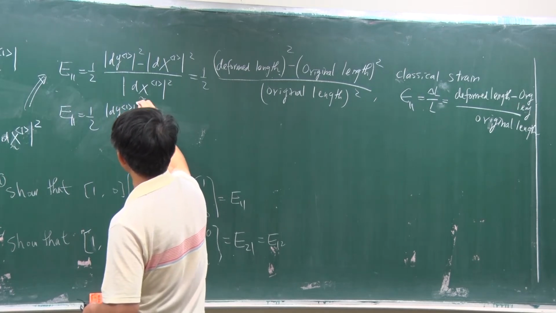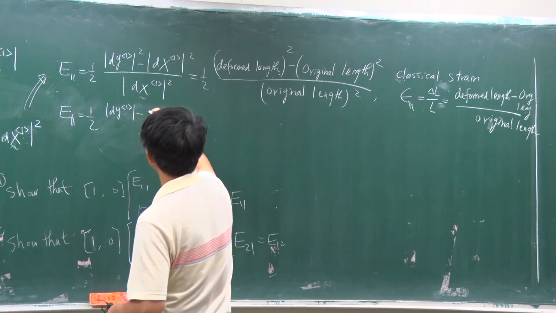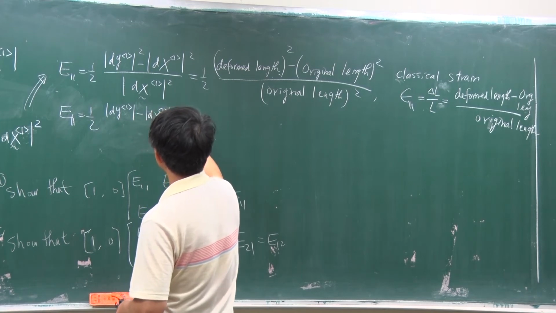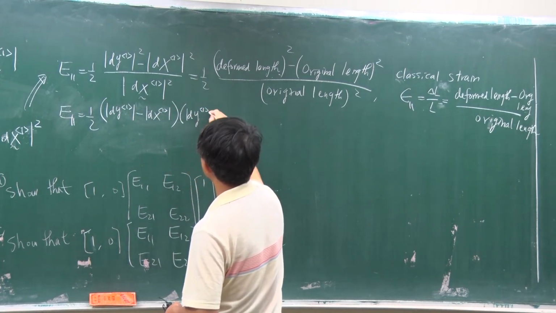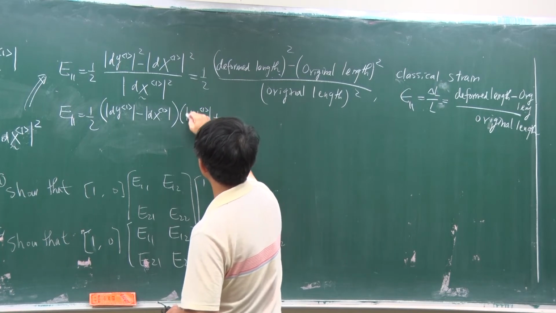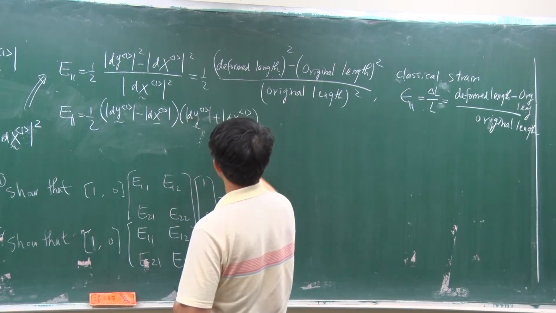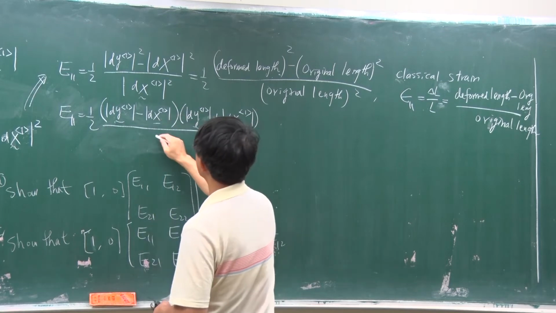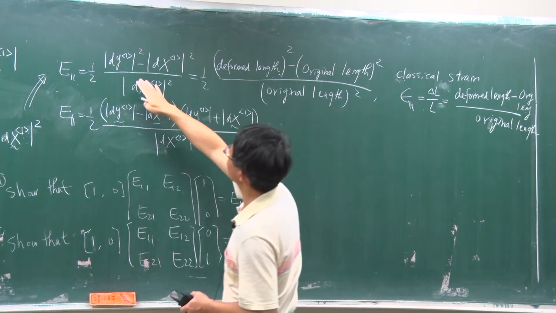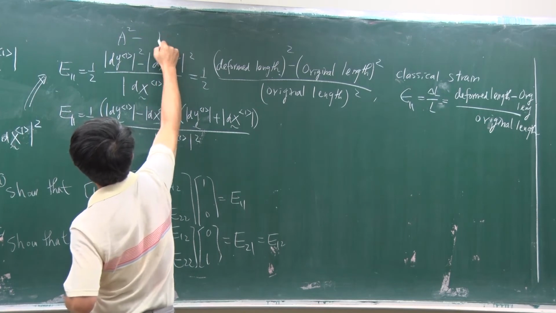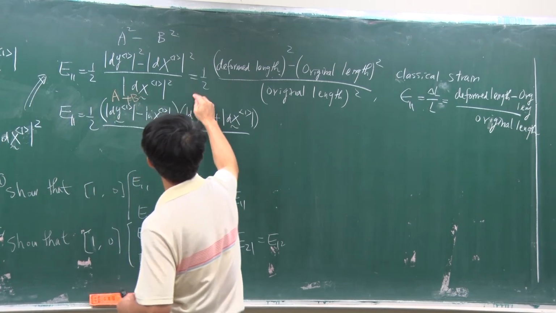A square minus b square equals a plus b times a minus b. Right? Is this formula correct? a square minus b square equal to a plus b times a minus b.